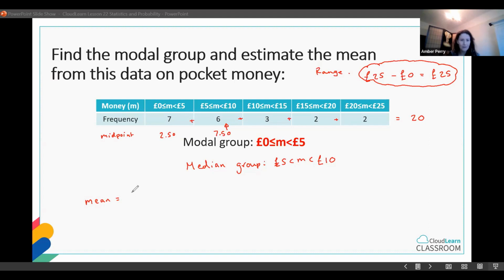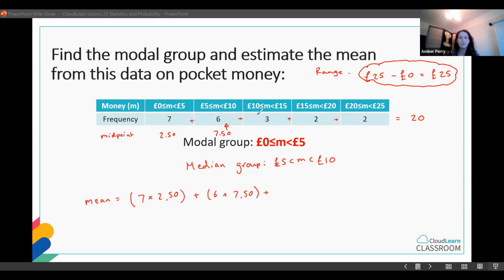So then we know that 7 people received approximately £2.50, so we could say 7 times £2.50. Then we know that 6 people received approximately £7.50, so 6 times £7.50.